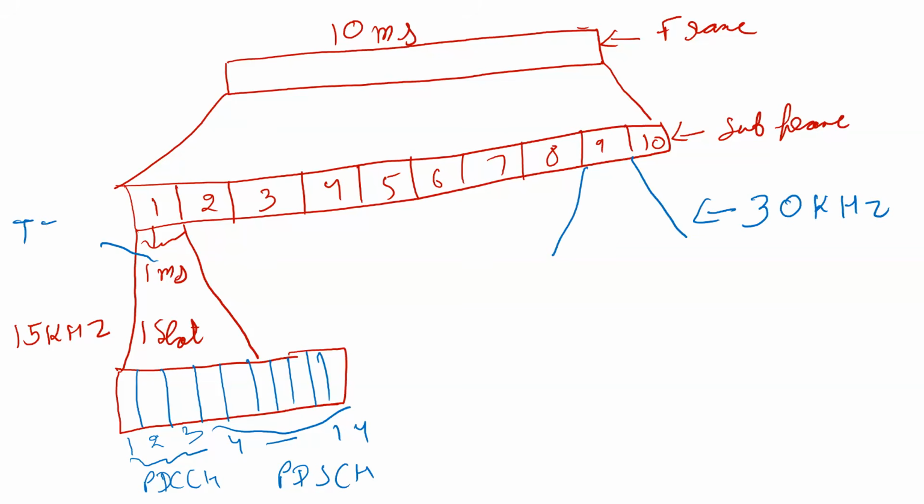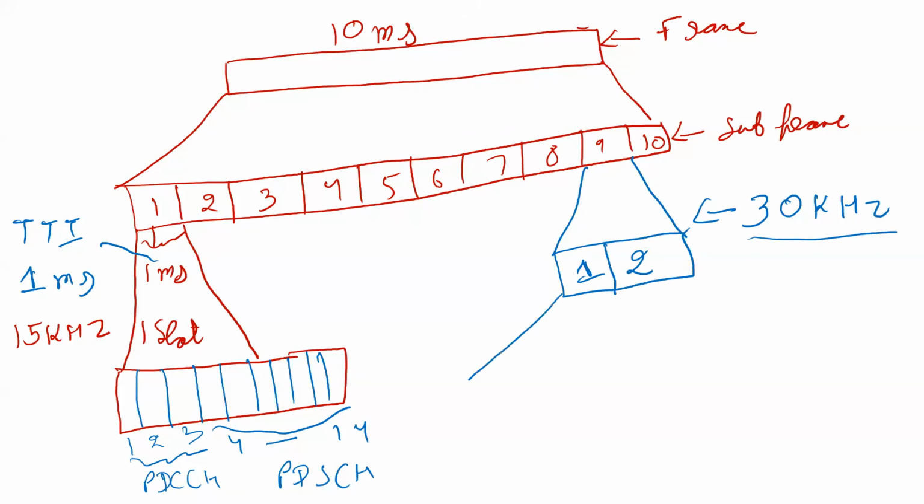TTI here is 1 millisecond. If I want to deploy a subcarrier spacing of 30 kilohertz, then one subframe is divided into 2 slots, slot number 1 and slot number 2.